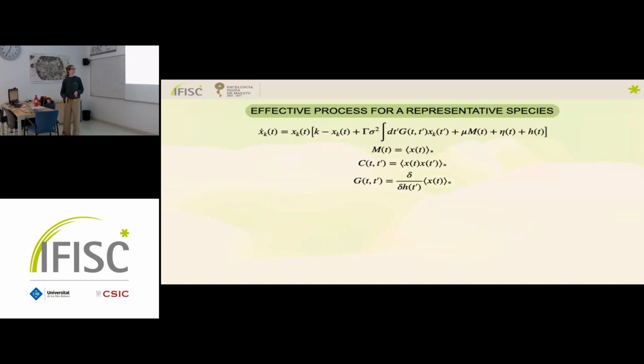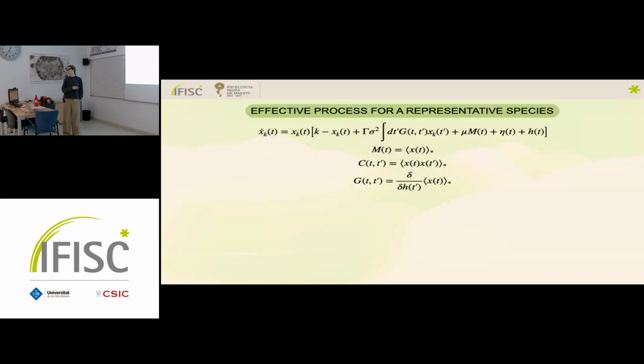This means that our interaction matrix is 100 times 100, and to numerically simulate all of this is really, really heavy. But here, if you have one carrying capacity for each species, you need to solve how many of these self-consistent equations.